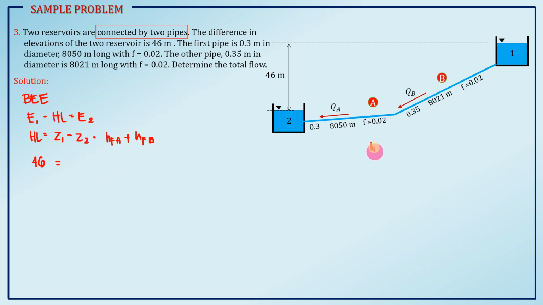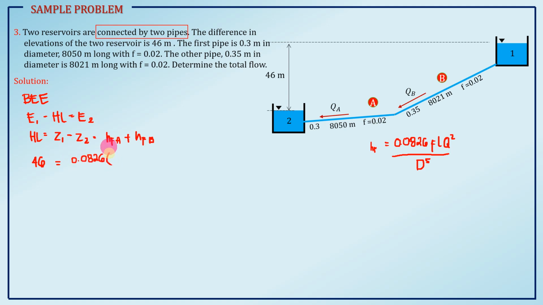Now, we have HF equation: 0.0826 FL Q squared over D raised to 5. So, let's substitute natin dito yung mga values natin for A and then for B. HFA muna tayo. We have 0.0826.